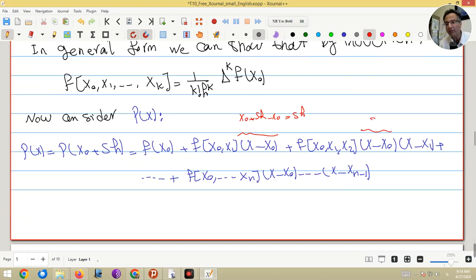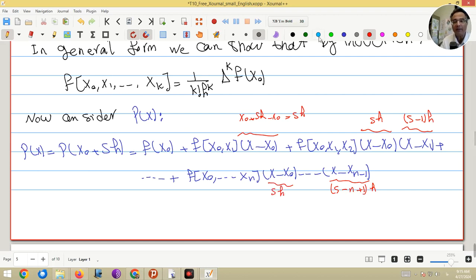So this one will be sh and this one will be s minus 1 times h. And you can do this for all of these in the same way. So this one, for example, is s minus n plus 1 times h, and for the other part we also have something similar.